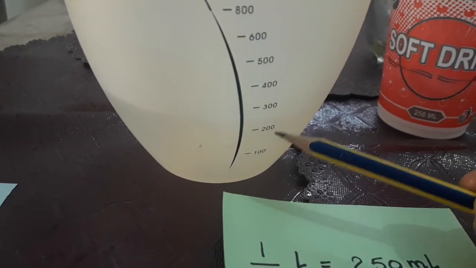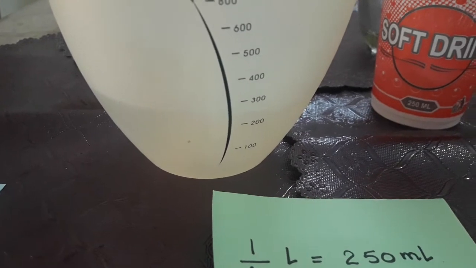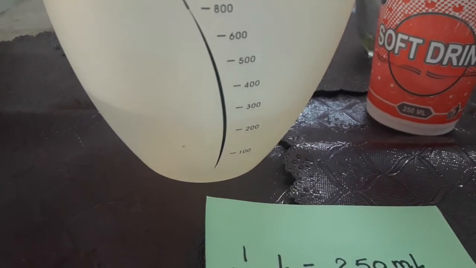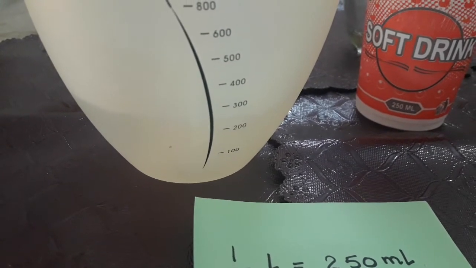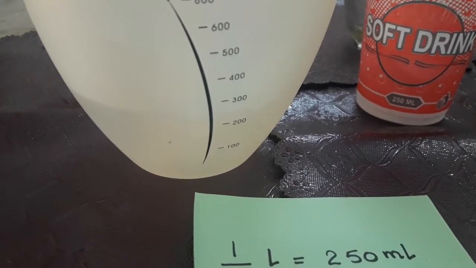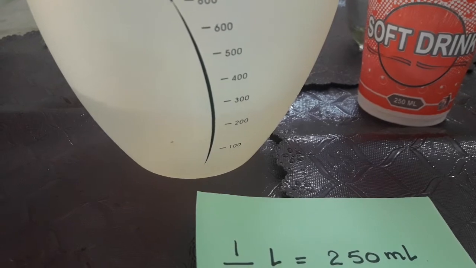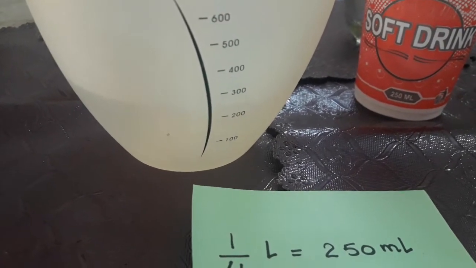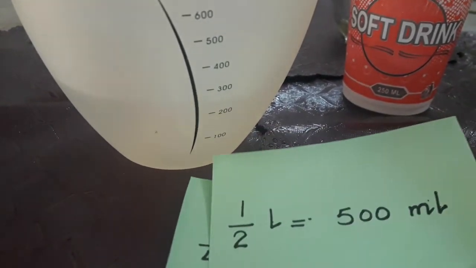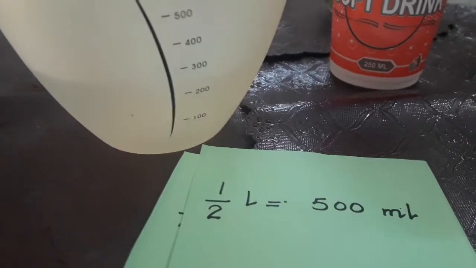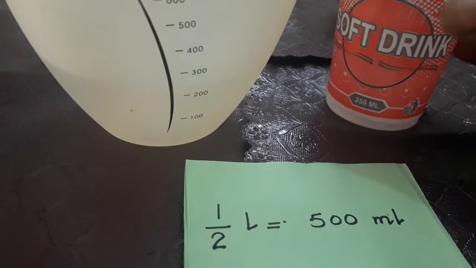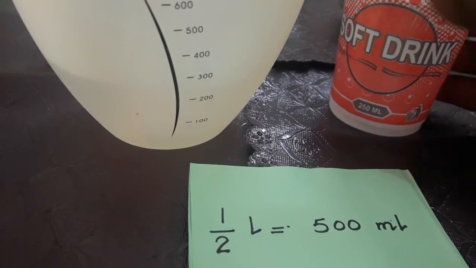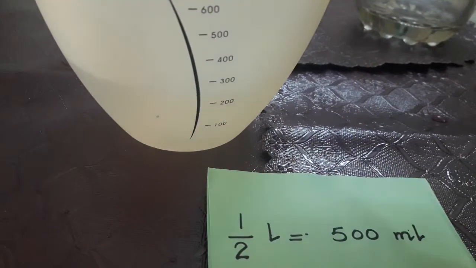This is 1 glass of water as I poured in front of you. Now students, if I take 2 glasses of water, 250 plus 250 is equal to 500 ml. So it will become 1 by 2 part. Now again I will pour a 250 ml glass of water to make it 1 by 2.